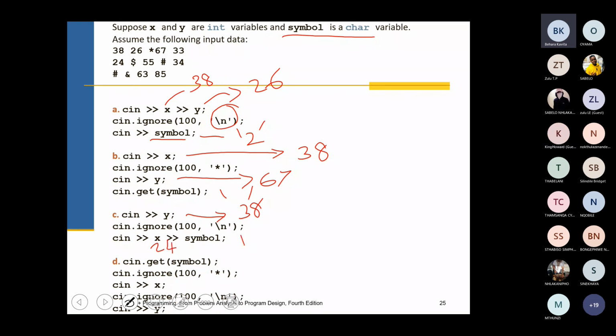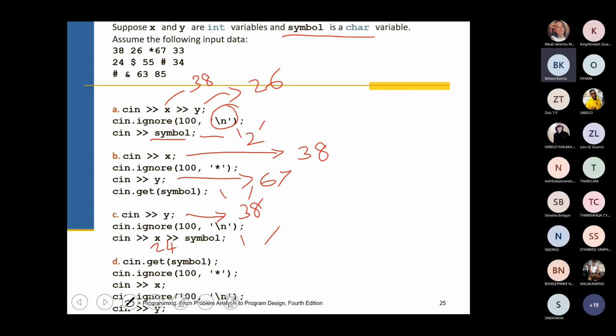Symbol value is going to be space. Why is our Y value 38? I was going to say 26. You are starting all over again from 38. When the question changes, your value goes back to the normal original value.